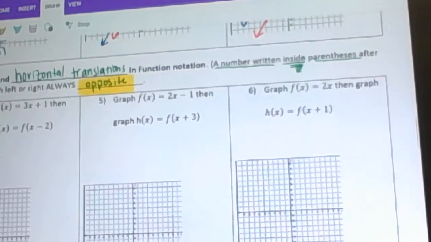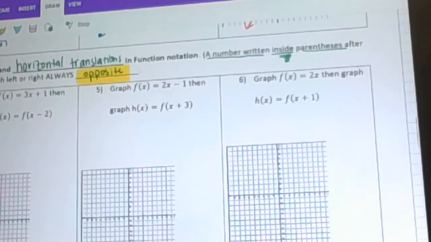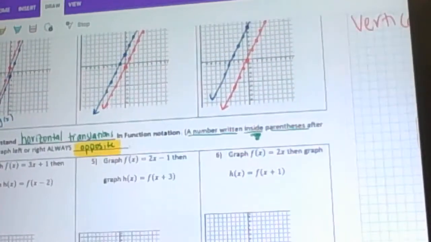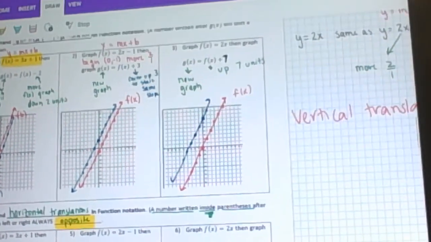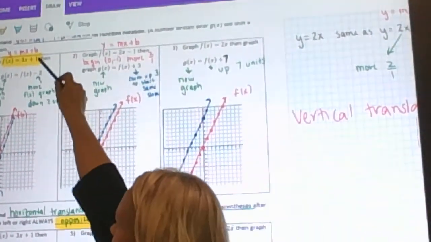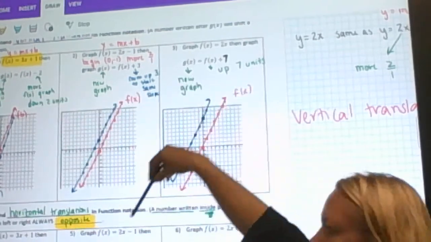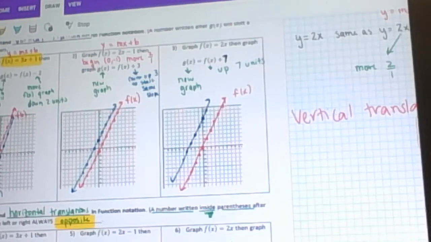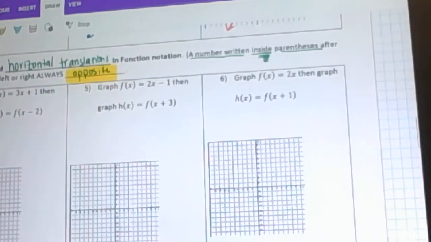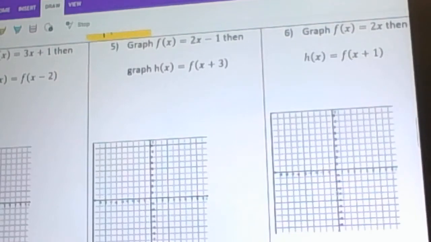Okay? So here, again, these are all the same pink graphs. So we're starting with these same pink graphs down here. So begin at 1 and move up 3 over 1.